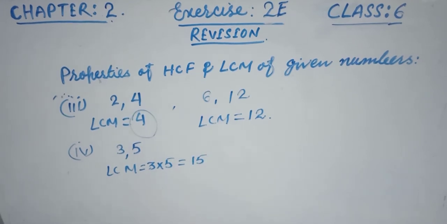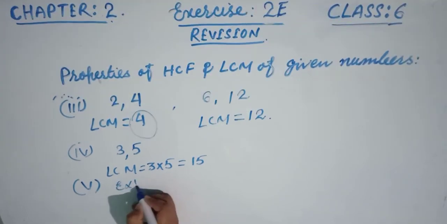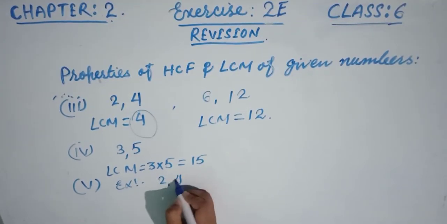Now next, friends, property number 5 says the HCF of a group of numbers is always a factor of their LCM. Suppose we take the group 2 and 4.